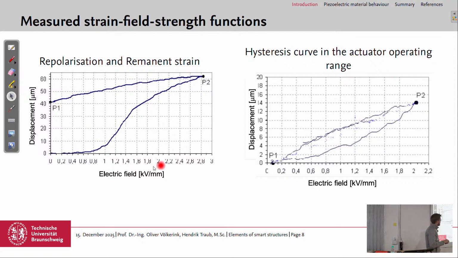And here again, a measured hysteresis curve, electrical field up to 2 kilovolts per millimeter, and we can see the path going up. If we increase the field, we are at 0.2, about 14 millimeter displacement, and then if we remove the field, we come back to 0.1.